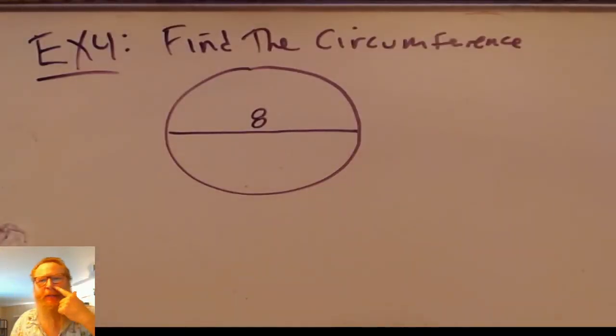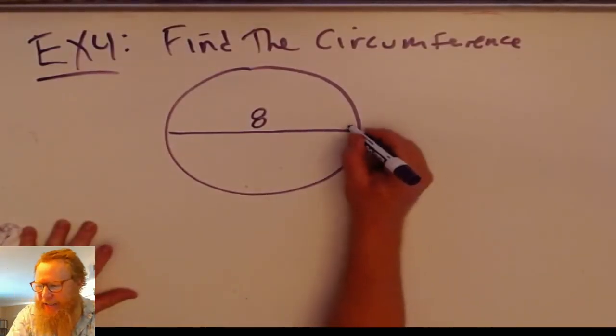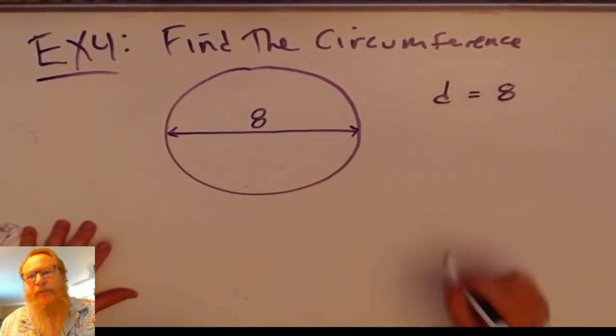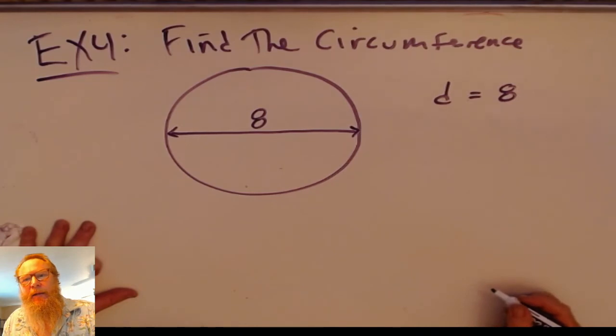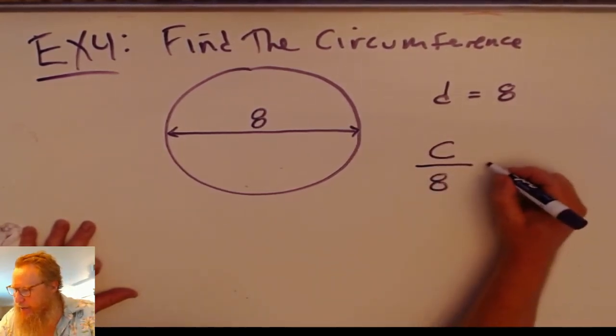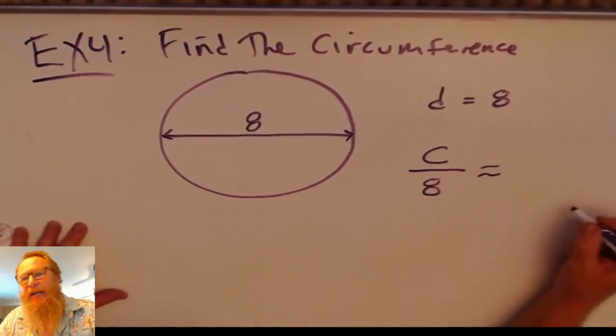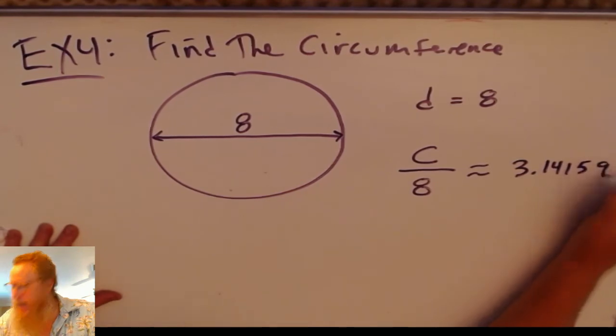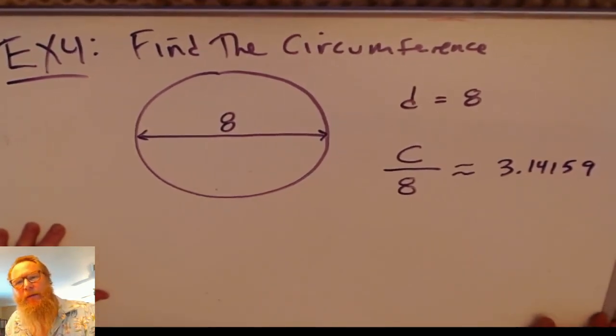There we go. So find the circumference. So 8 is the diameter. Okay. And I know that the circumference divided by 8 is approximately 3.14159. Right?